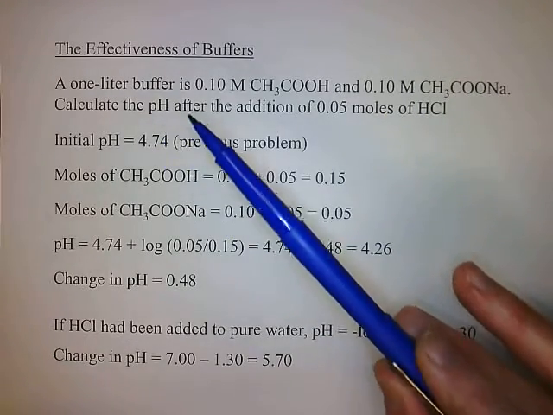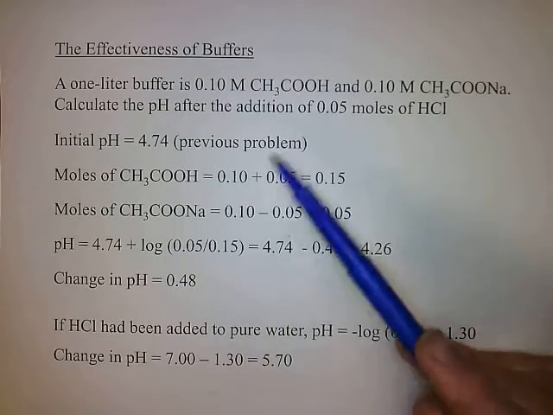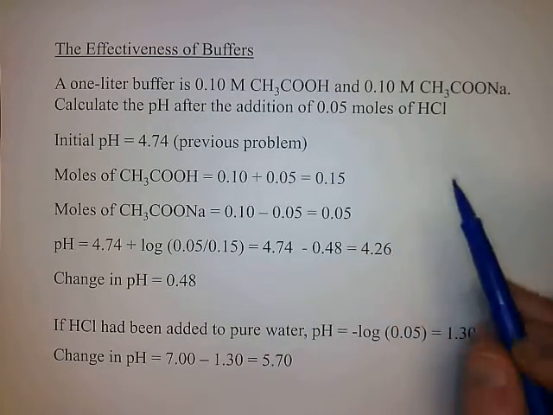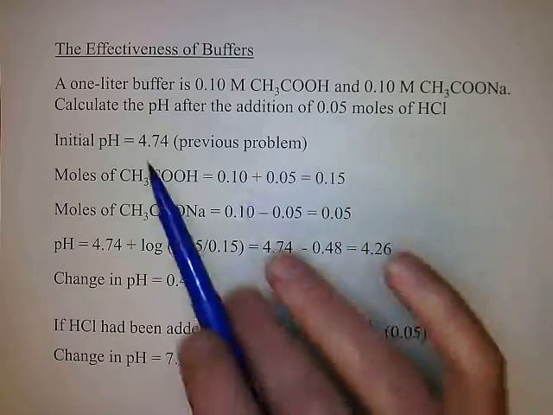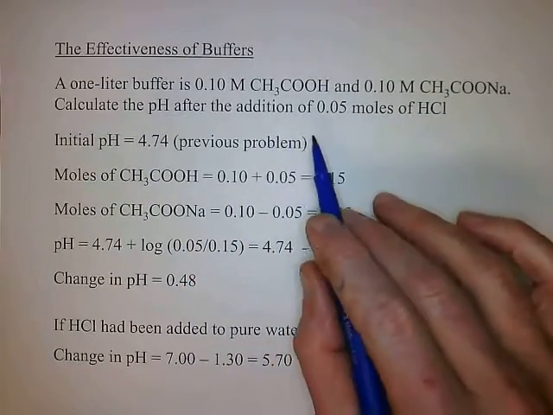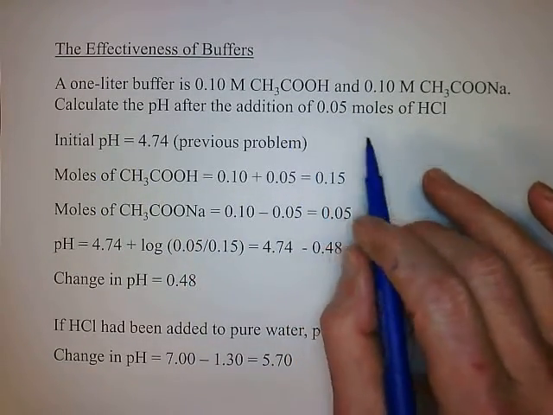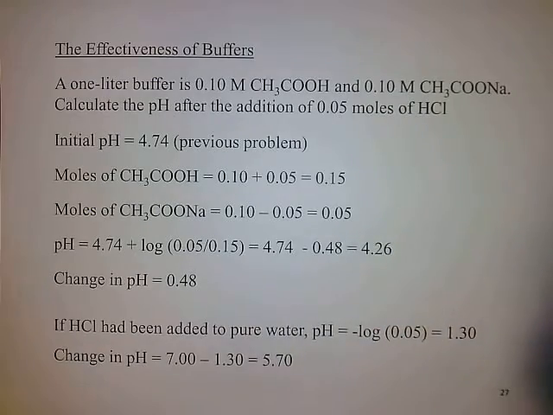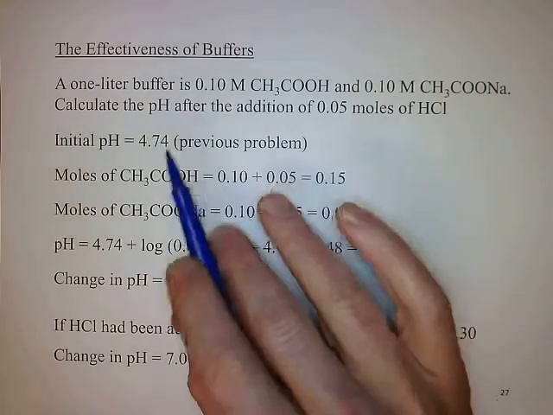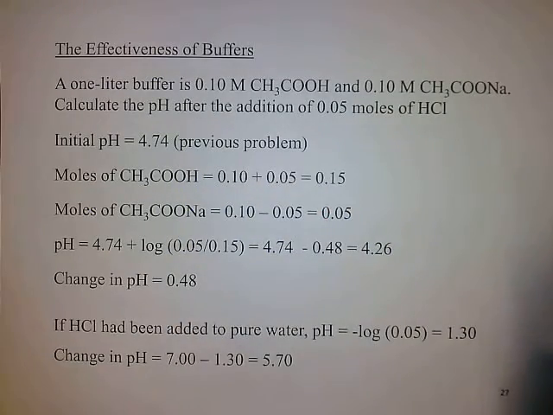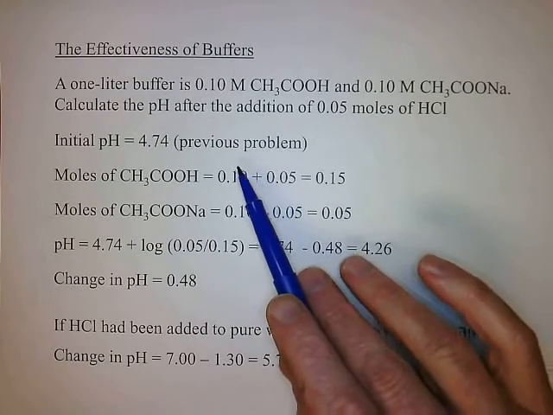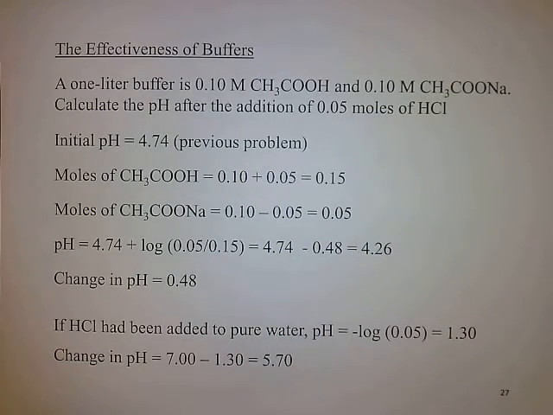Because it's 1 liter, that makes the calculation easy because the concentration automatically becomes the number of moles. So let's calculate the pH after the addition of 0.05 moles of HCl. Okay. So what was our initial pH? 4.74. Right? We worked that out in the previous problem. When the concentrations of the two are the same, the pH is equal to pKa.